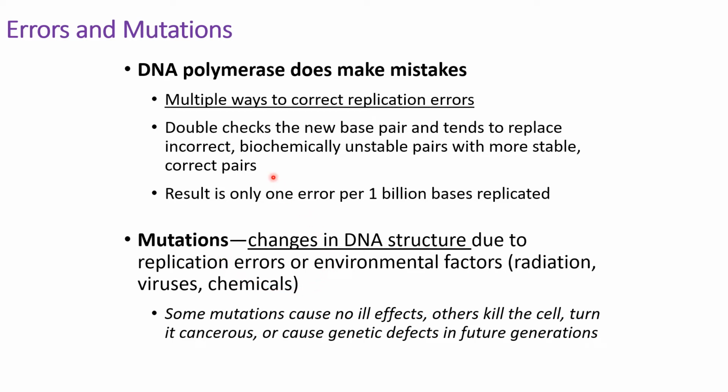It could be in old age, where just this replication process doesn't work as well. Or it could be due to exposure to something. All right, radiation, viruses, chemicals. There are many different chemicals that can lead to cancer. For example, asbestos. Everyone's heard of asbestos? This is actually a type of lung cancer that affects the mesothelium, which is a lining of the lungs.